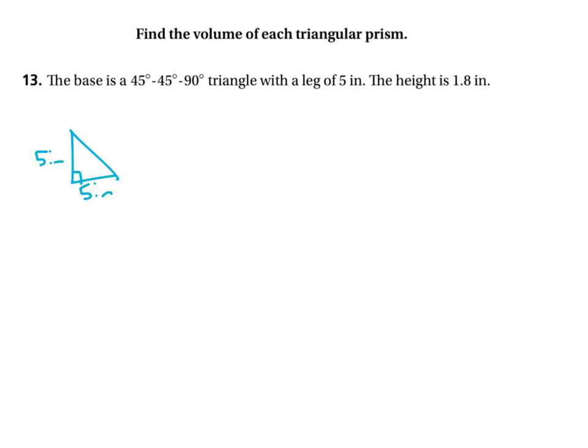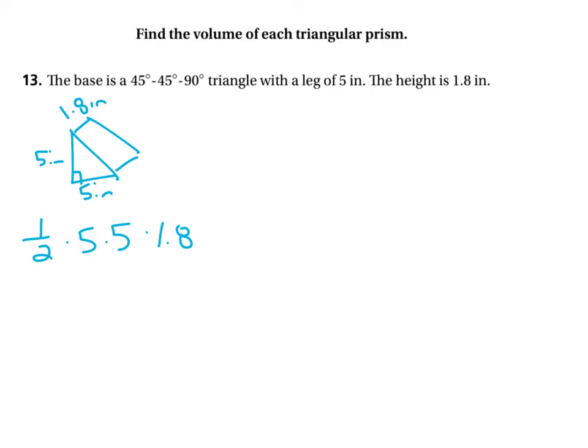And then the height is going to be 1.8 inches. Okay, so we do 1/2 base times height, and it's got legs of 5 inches each, so 1/2 times 5 times 5, times the height of the prism, which is 1.8.